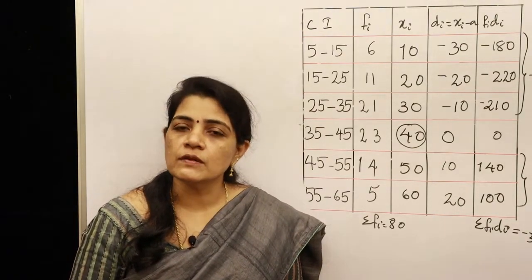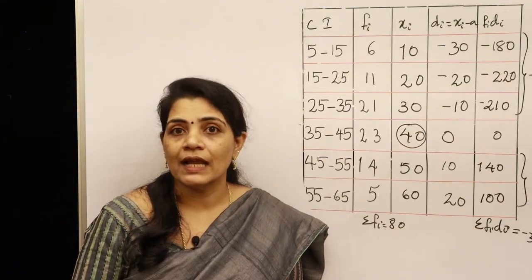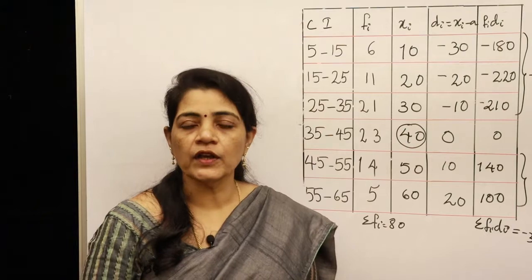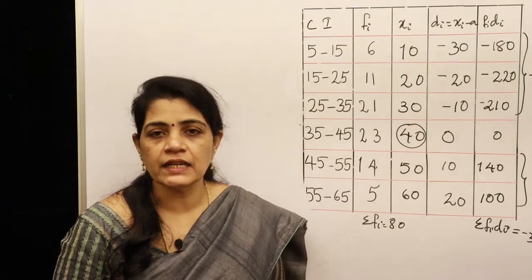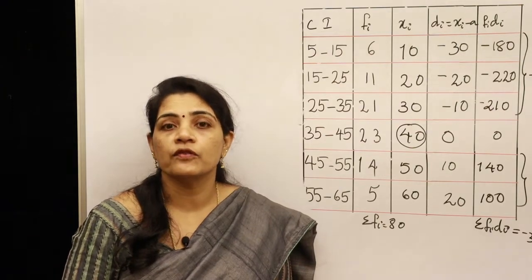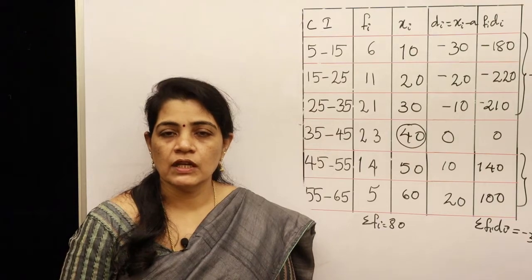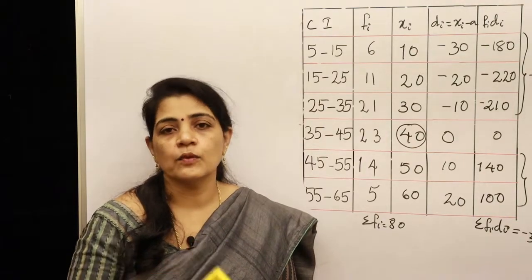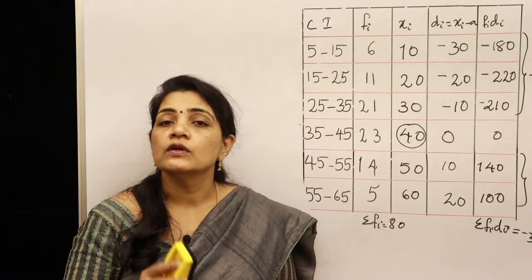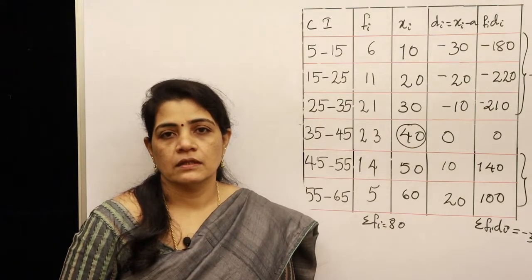Okay, so in order to substitute the values, we have to first locate the modal class. In the first video, I have given a very detailed explanation regarding the mode, that is the maximum number of frequency occurs in the given distribution. That will give you its corresponding class interval, which is the modal class, and the mode lies within the modal class.